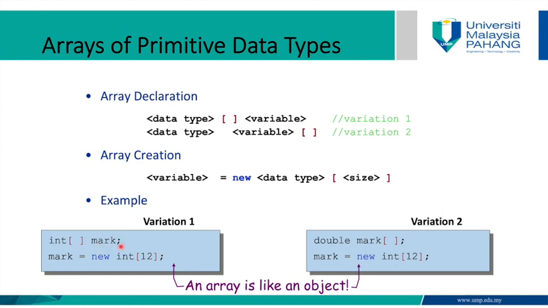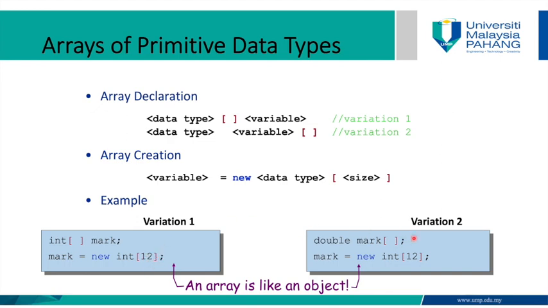And then we create the array: the variable mark, new, integer, the data type, and then the size of the array, which is 12. For this one, we are creating an array with the size of 12.